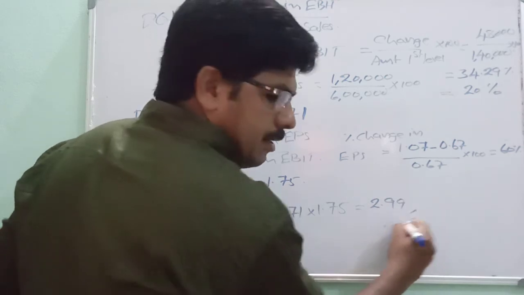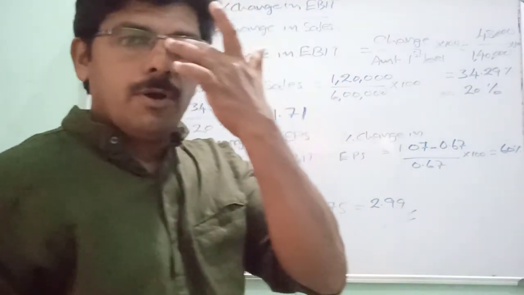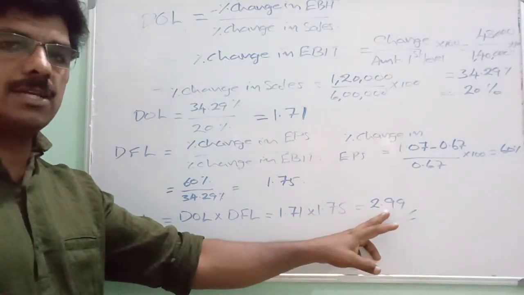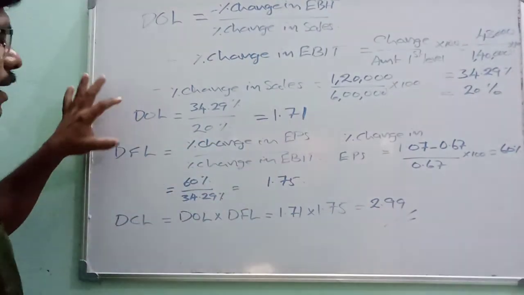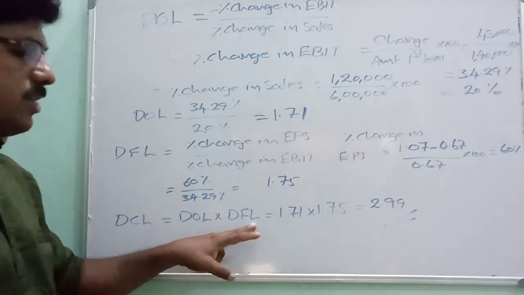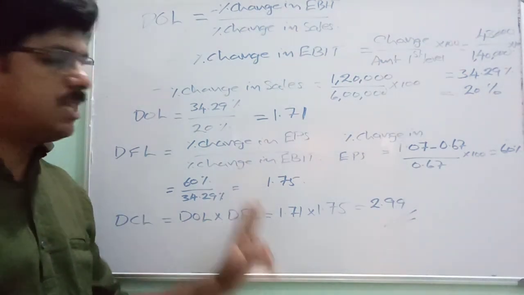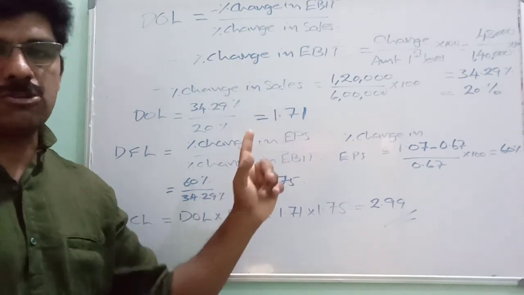So this is the degree of combined leverage. The calculation is degree of operating leverage into degree of financial leverage. In this way we can solve this question.